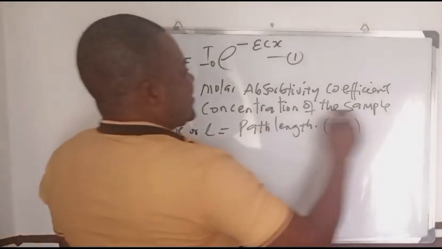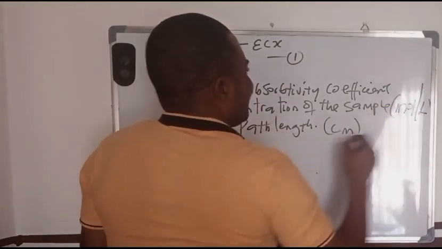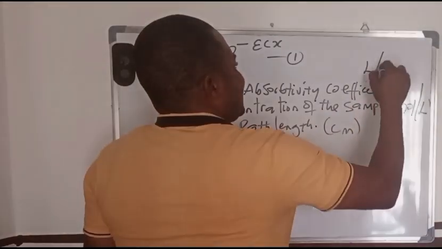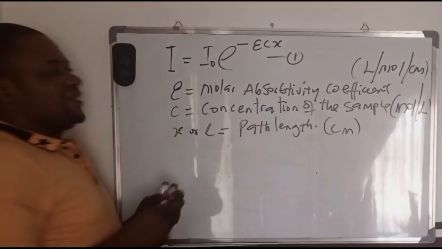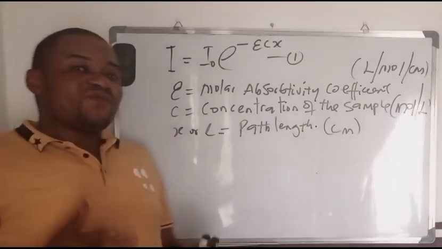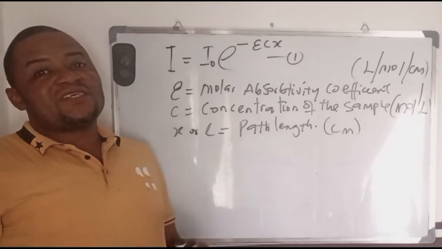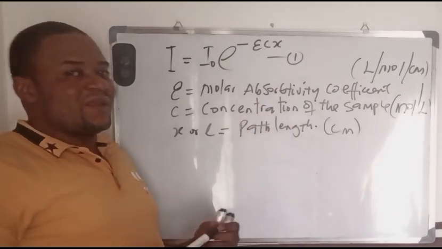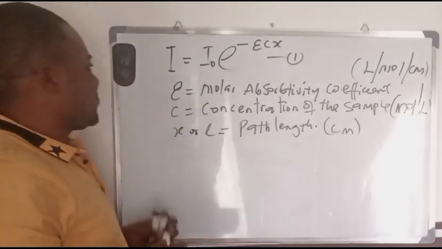And the concentration is always measured in moles per liter, while the molar absorptivity coefficient is measured in liters per mole per centimeter. So these units are very cardinal. If you are carrying out any calculation, you must ensure that there is a conversion to the proper units before you use the Beer-Lambert equation. Now that is just by the way.